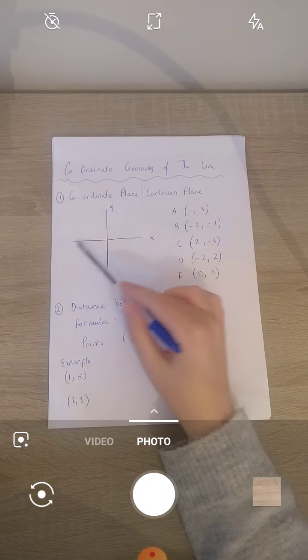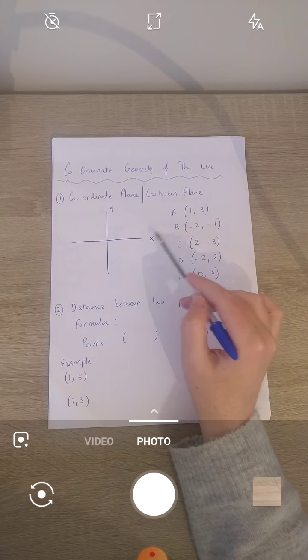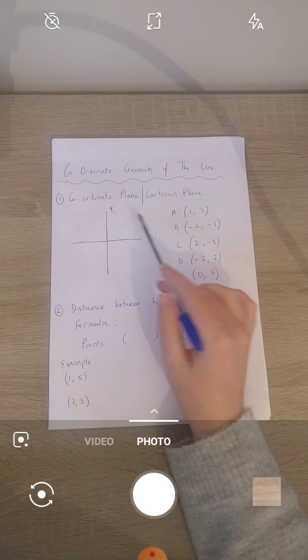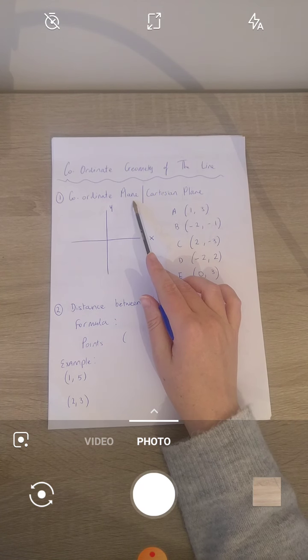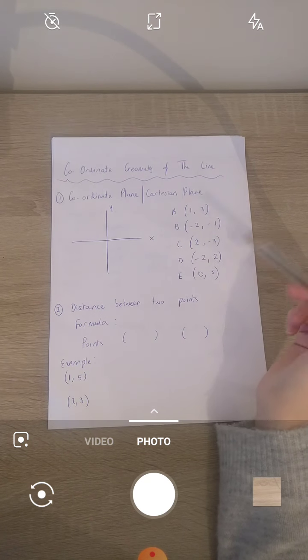So I'm going to start first of all by looking at our XY axis. This XY axis that we're very used to seeing in functions and graphs and other strands of maths is known as our coordinate plane or our Cartesian plane.